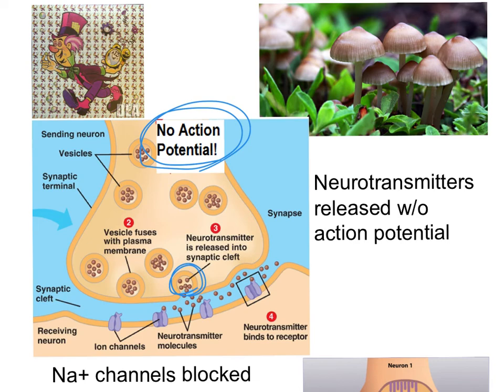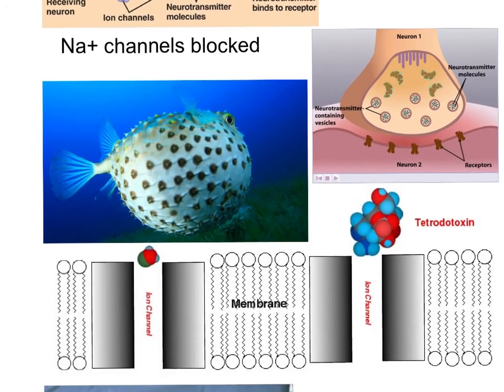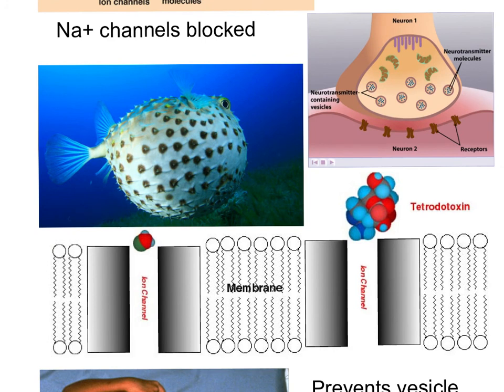Another example of a neurotoxin is in a pufferfish, which creates a poison to prevent being eaten by predators. And this particular neurotoxin works by blocking the sodium channels. So normally we should have sodium that flows into the axon, allowing the neuron to send an action potential.